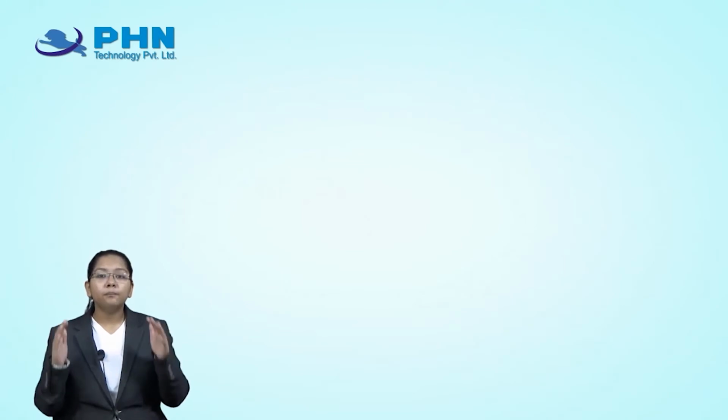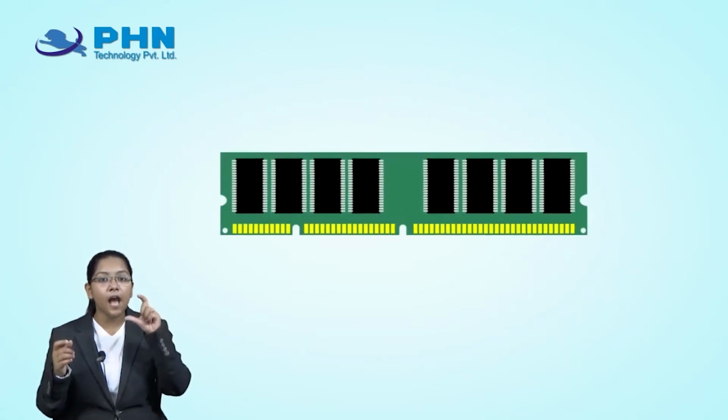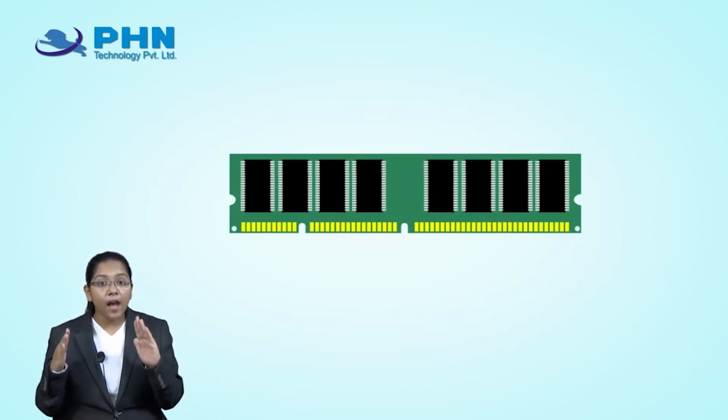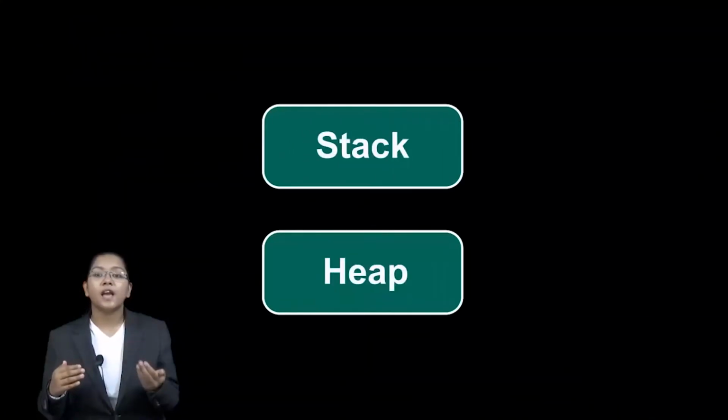Now, in a computer, we know that the RAM chip stores the memory. But in RAM also there are two parts: stack and heap. The memory in RAM is bifurcated into two parts, stack and heap.